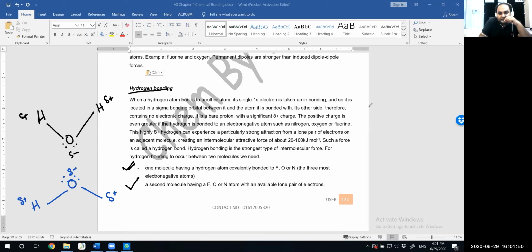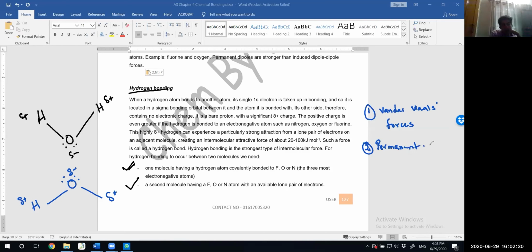Number one, van der Waals forces. Did you follow that van der Waals forces are present between all types of molecules? So van der Waals forces are always present between all types of molecules. Number two, since water has a very electronegative atom, what type of forces does it have?